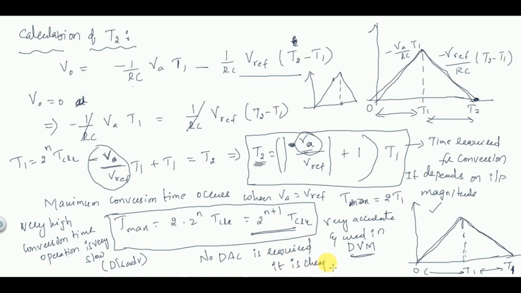This is also one of the reasons why we use it in commercial DVMs. So no DAC is required, hence it is cheaper, and it also gives very accurate results. These are the important points, and this is how we can perform the analysis of dual slope ADC.